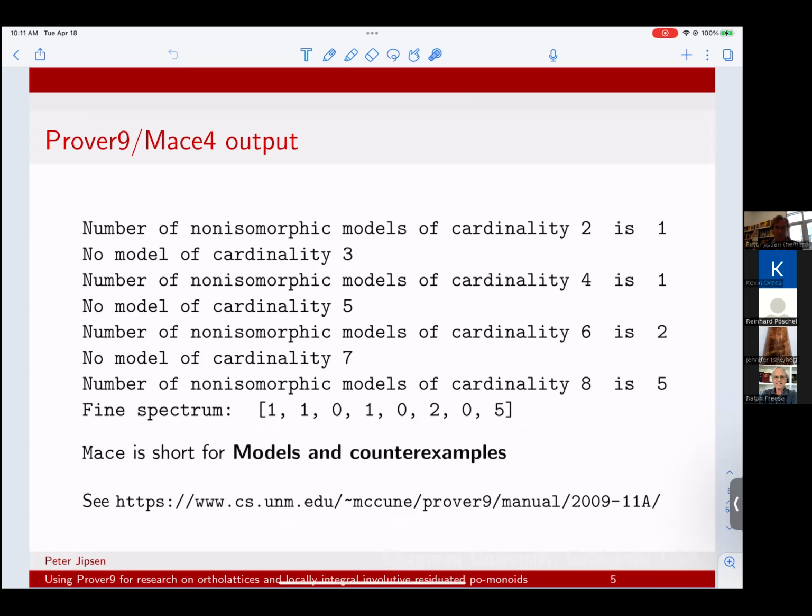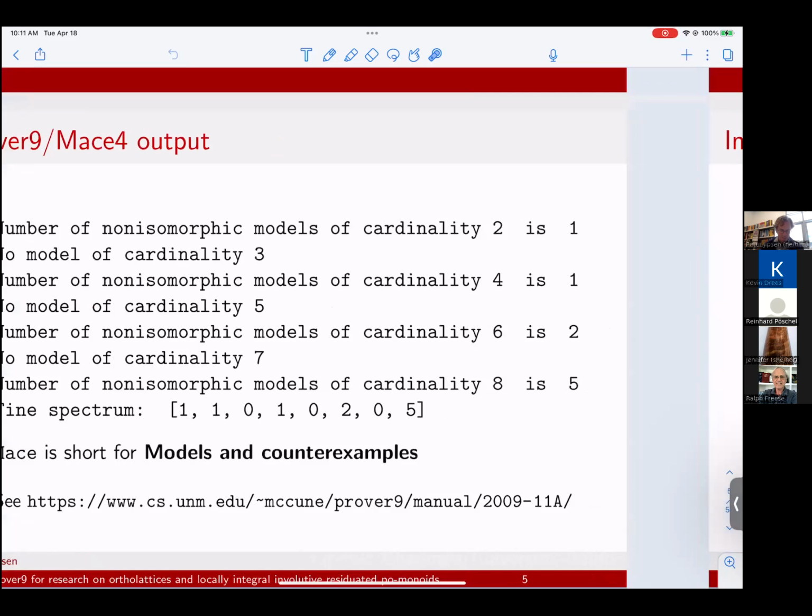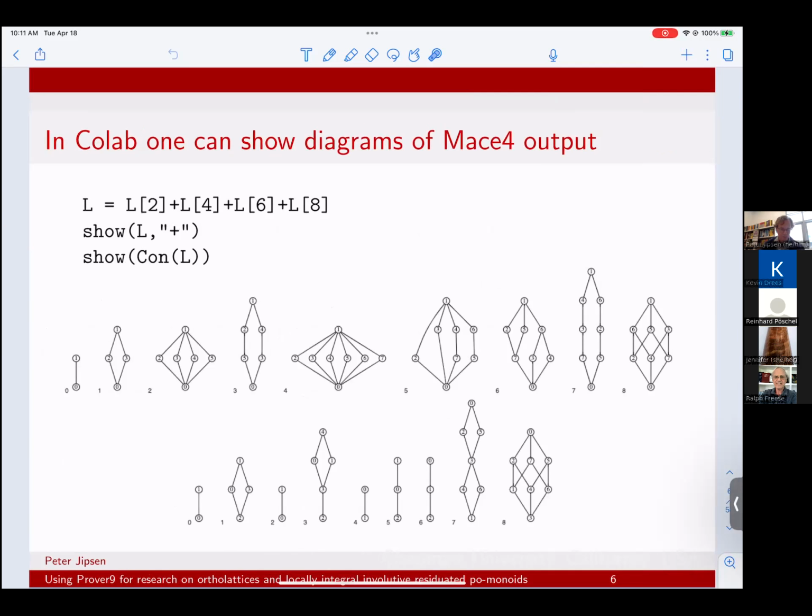And this is where the notebook really makes a difference, because you can ask for, first of all, let's put them all into a single list, because the list L that was produced originally was a list of lists containing all the different sized models independently.